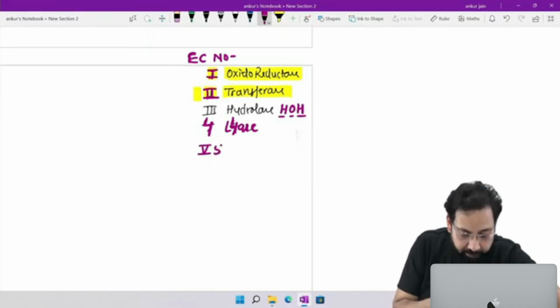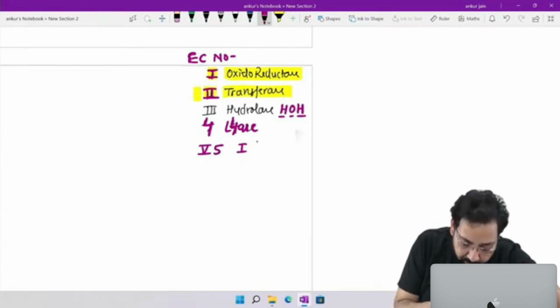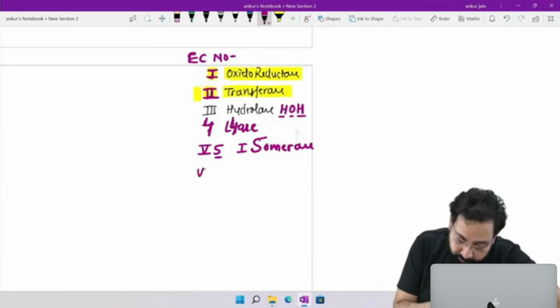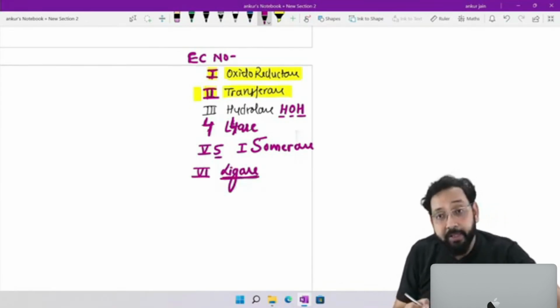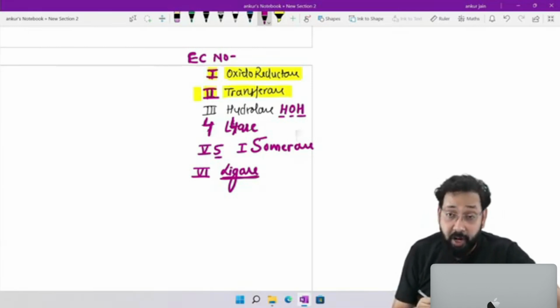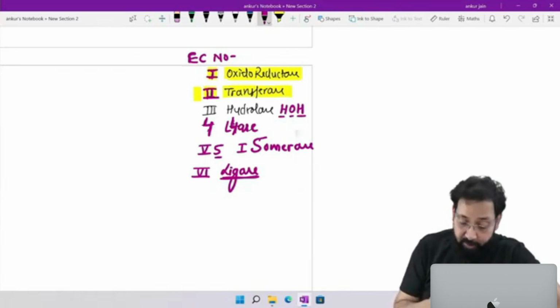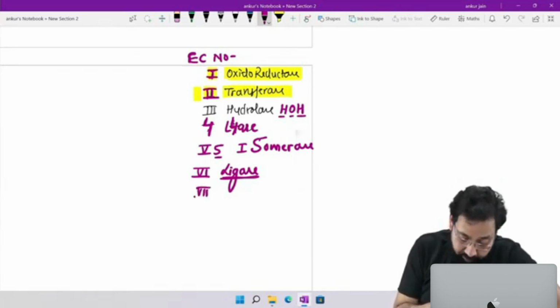I write 5 like this and I say isomerase, EC number 5. 6 is ligase. Six means chakka, sixer in Hindi. One student told this mnemonic. 7 is translocase.